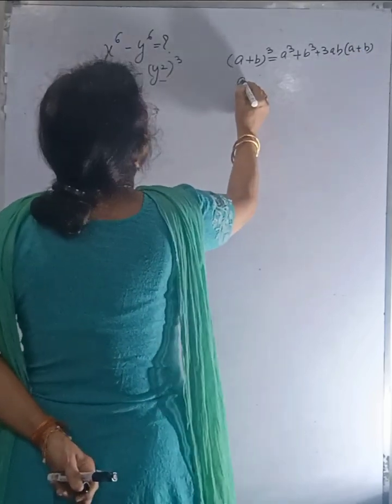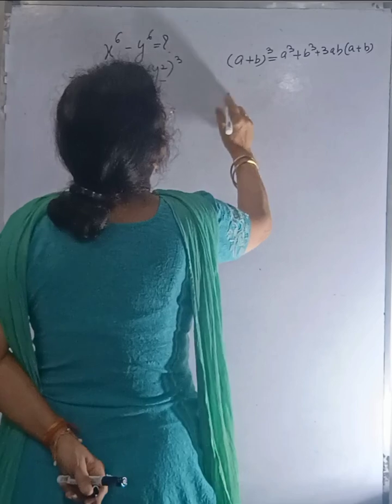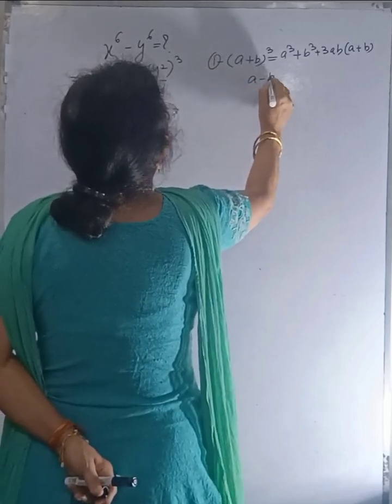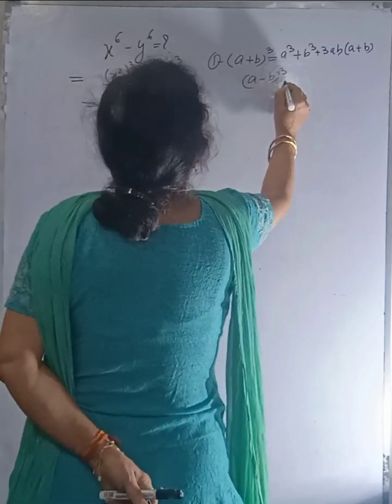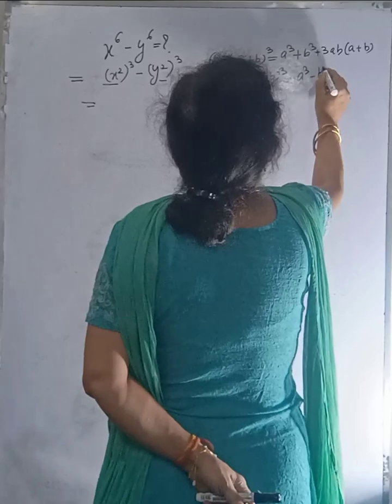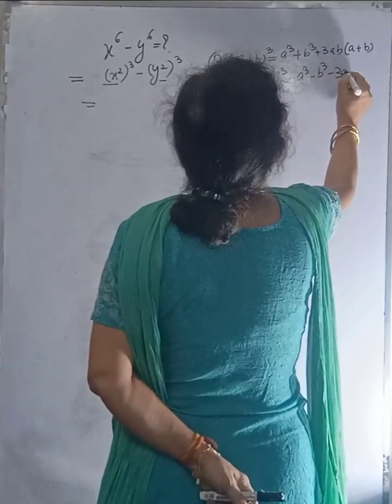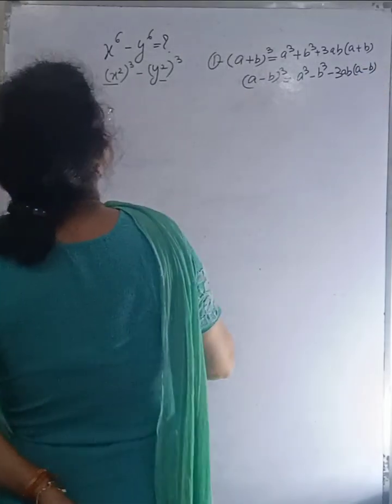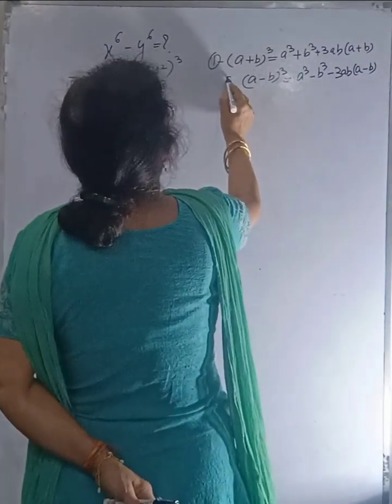And the second formula is a minus b whole cube, which can be written as a cube minus b cube minus 3 times ab into a minus b. We have to use this formula. This is the second formula.